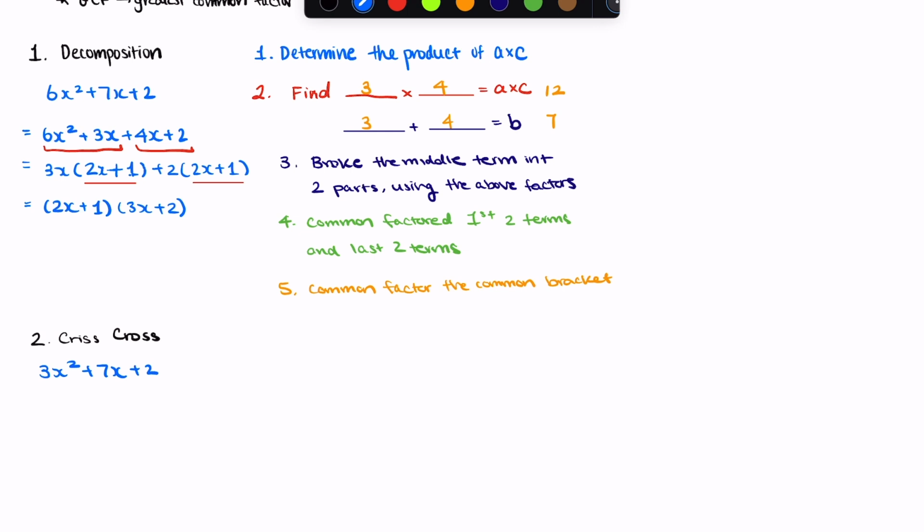The first step that we want to do is to write all the factors that multiply to the first term's coefficient and write them in columns.